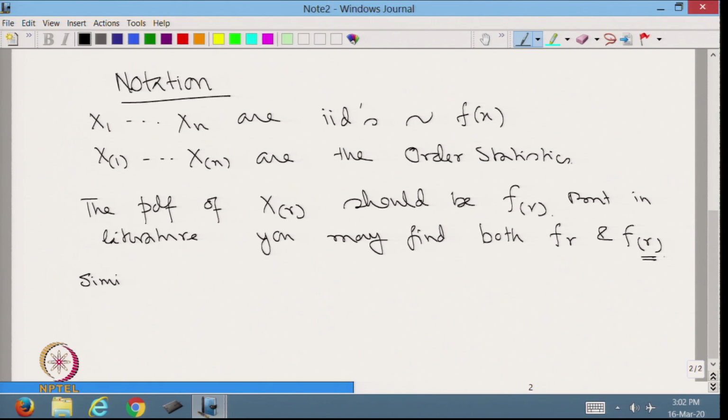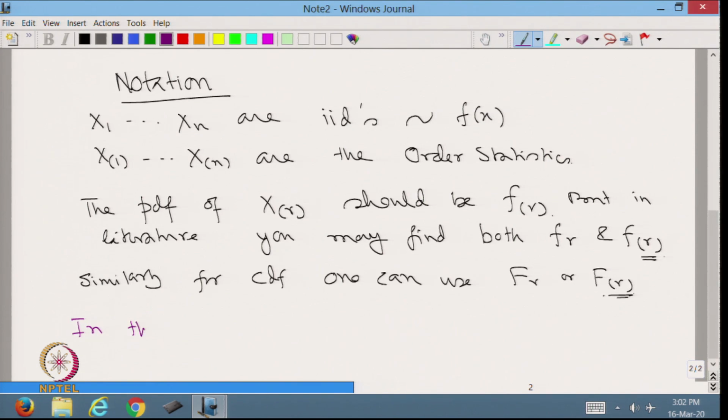Similarly, for CDF one can use F_r or F(r) with the parenthesis.